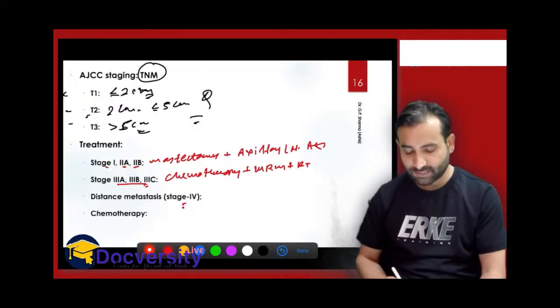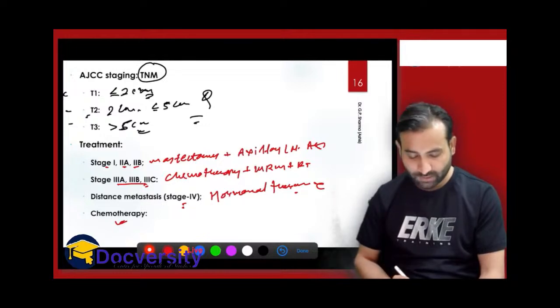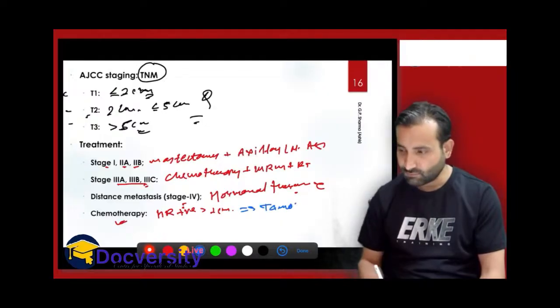And if it is distant metastasis, that means the stage 4 disease, then we go with what? The hormonal therapy. That is hormonal therapy. Please remember this one. And in the therapy, sometimes we use, what is this one? If the patient has HR positive, hormone receptor positive, and if it is more than 1 centimeter size cancer, then we use what?